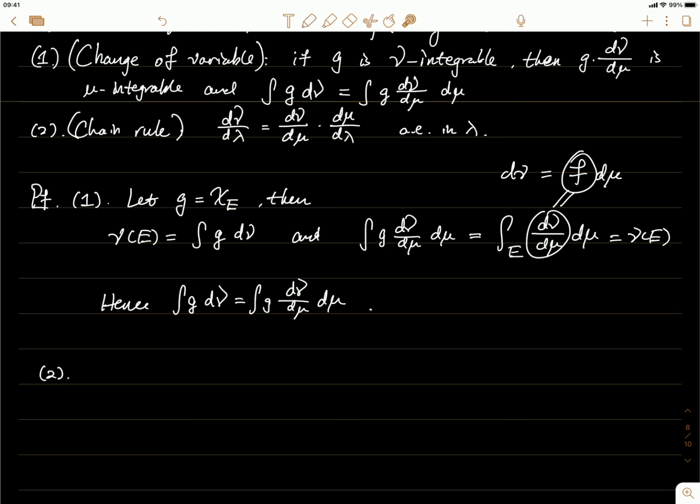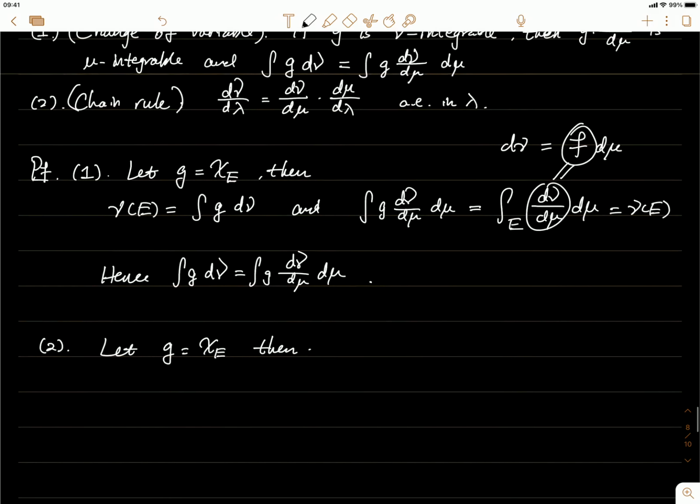Okay, and to show this, let's again let some function G be the characteristic function of E, then we can see that the integral of G d mu.